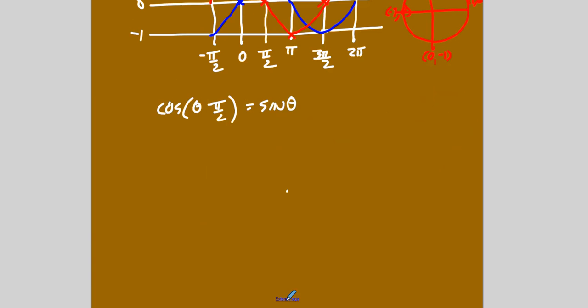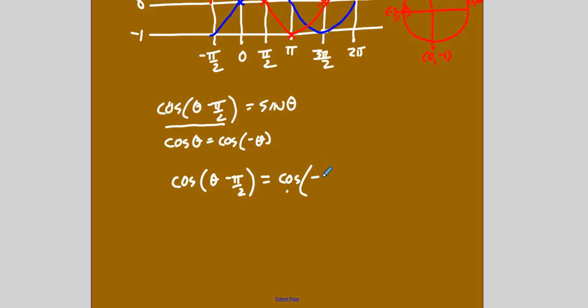But remember, cosine is even. So cosine of theta equals cosine of negative theta. Therefore, here I can say the cosine of theta minus pi over 2 equals the cosine of the negative of theta minus pi over 2.